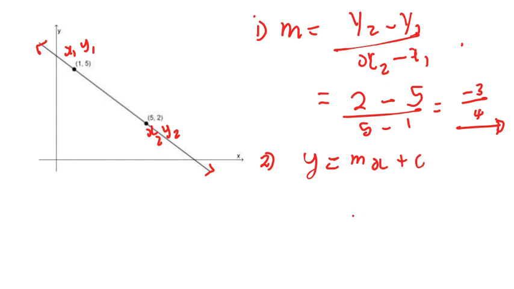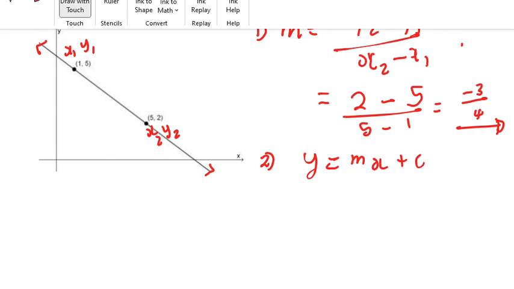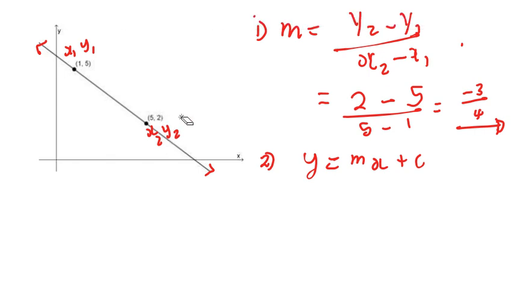In our equation, we need to have a gradient and we need a value of c, and the value of c is our y-intercept. We always know that. But now we don't have a y-intercept on the graph. I think we all agree on that point. Our graph didn't give us a value of the y-intercept.